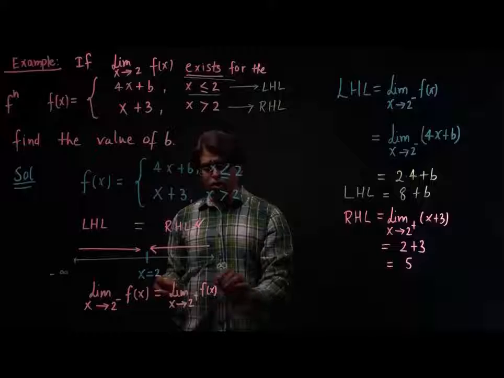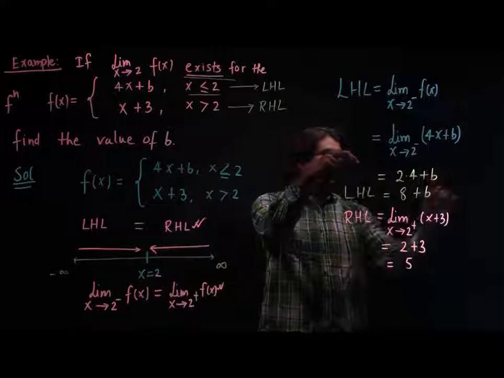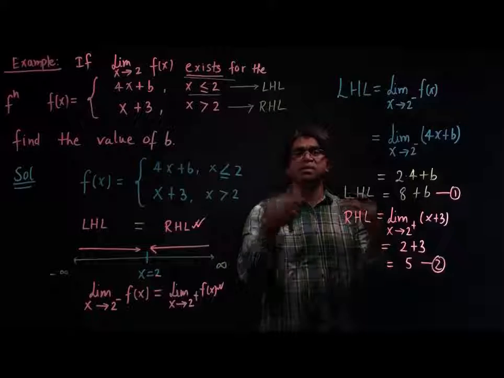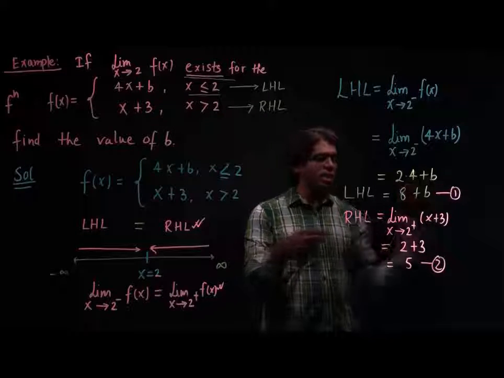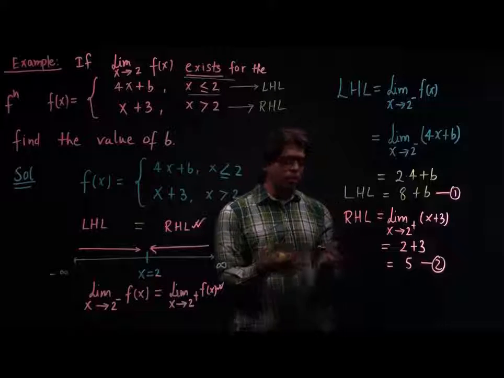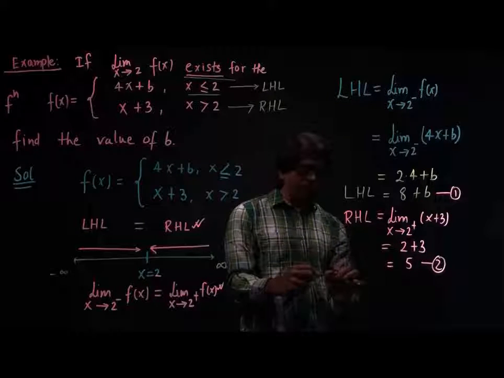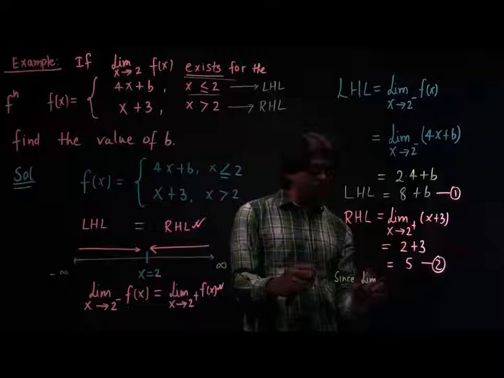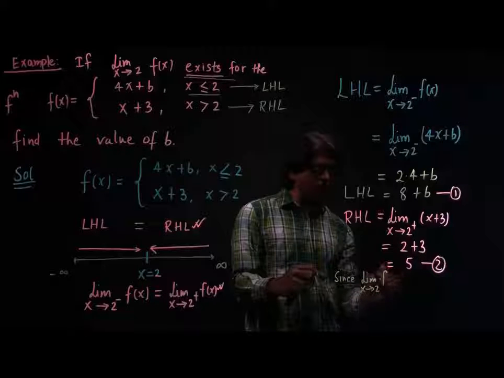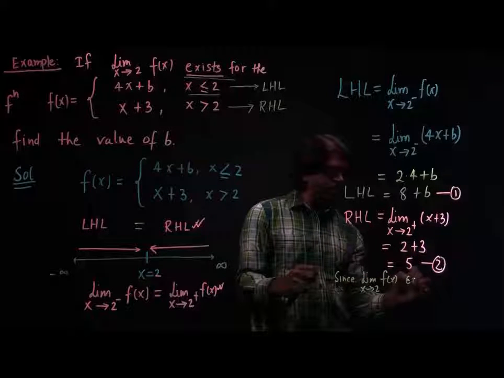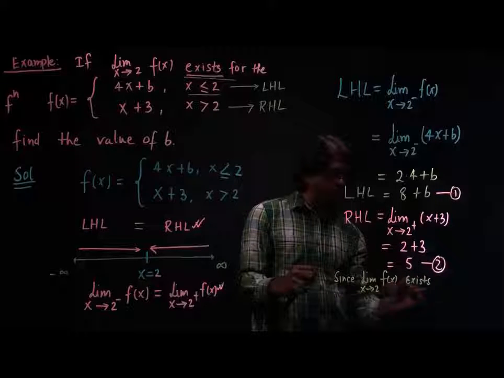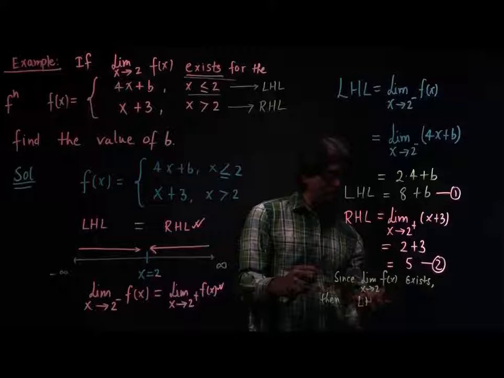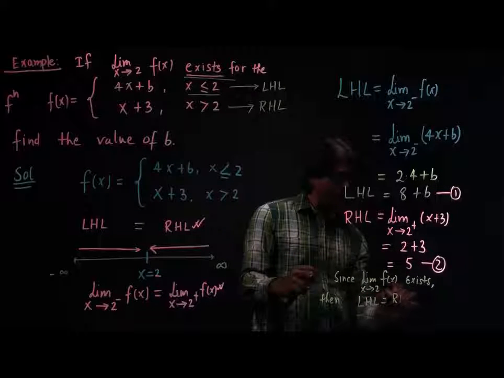Now, since the limit exists, the left hand limit is equal to the right hand limit. These two parts are two parts of the same continuous function, and they should be equal. So I'm going to write: since limit x tends to 2 of f(x) exists, the left hand limit is equal to the right hand limit.